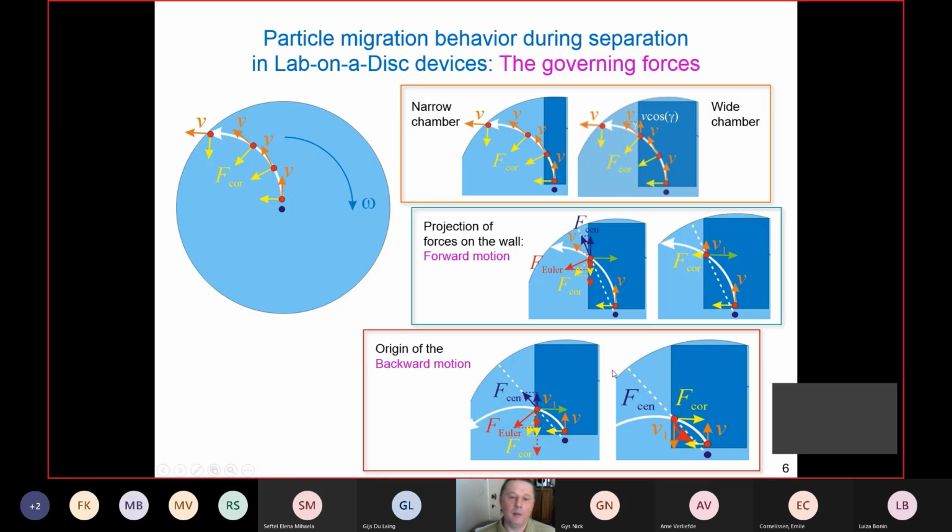But interestingly, when this happens close to the center of rotation, then this projection in the end could be negative. So the particle could move not in the direction of the centrifugal force, but in the opposite direction. So theoretically, it's possible that a particle, when it meets a wall, could move in the opposite direction. And this is the origin of backward motion.